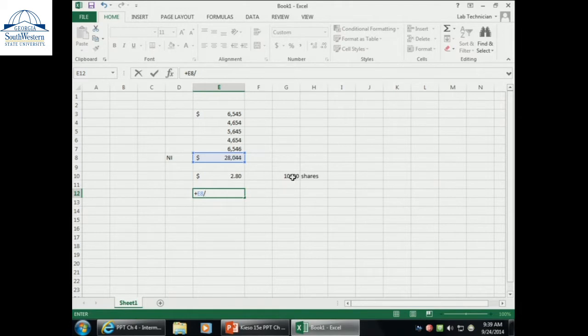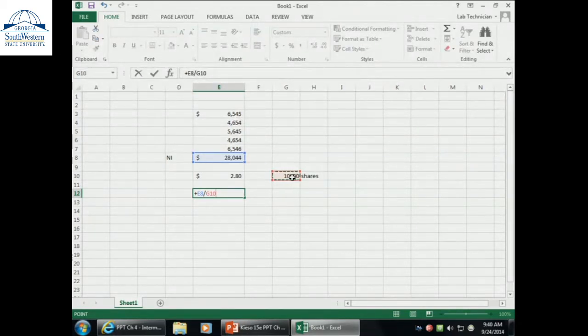And then you just point at this number of shares over here, and it put the formula in there, plus E8 divided by G10. Now you could type that in there. You could actually type plus E8 divided by G10, typing in G's and stuff. But it's kind of a waste of time. It's just easier to point and click, okay?